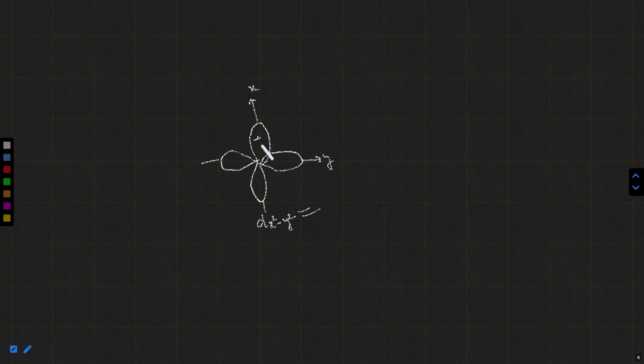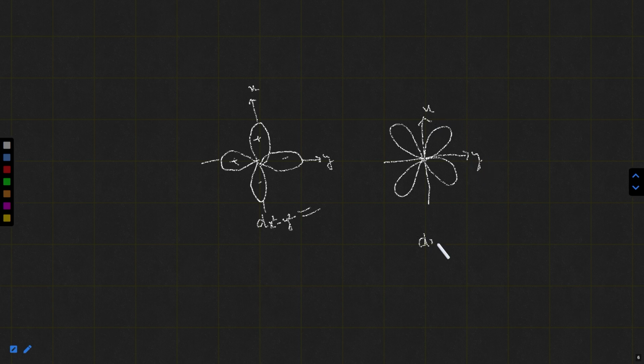As compared to this, the other orbitals, suppose dxy and dyz, are between the axes. Suppose this is your axis. Here will be one orbital, here will be one orbital, one will be here, and one will be here. Suppose this is x, and this is again y.